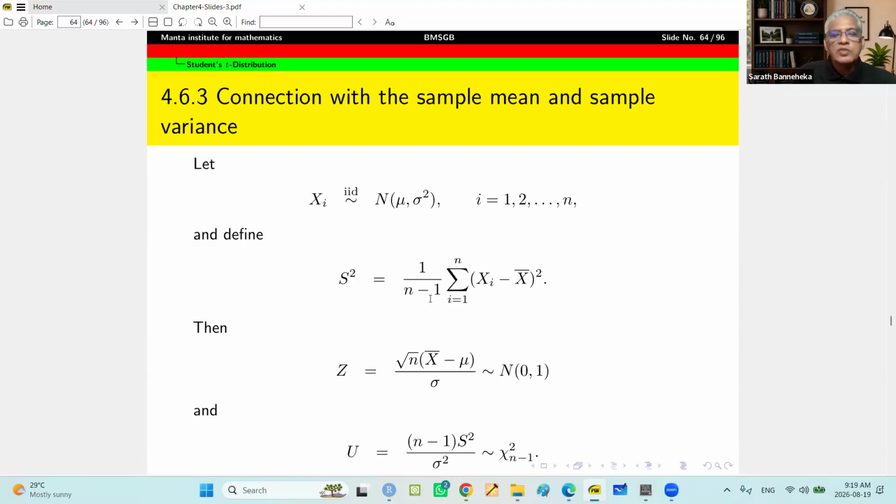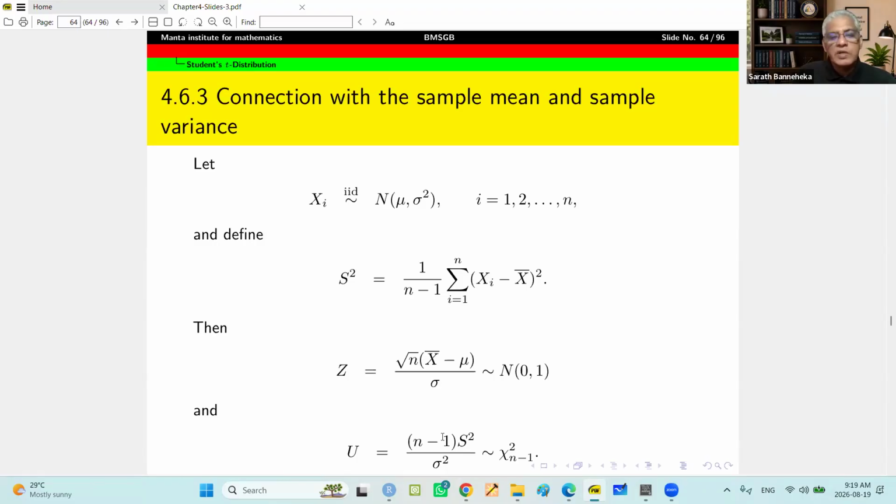Then, because x bar has a normal distribution, in this case with mean mu and variance sigma square over n, we know that this quantity, x bar minus mu over sigma over root n, has a standard normal distribution. So that's a very preliminary result. And we also know something related to S square.